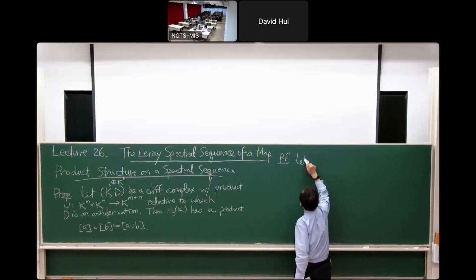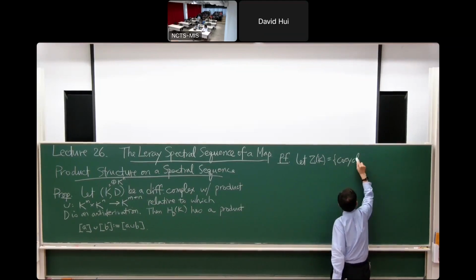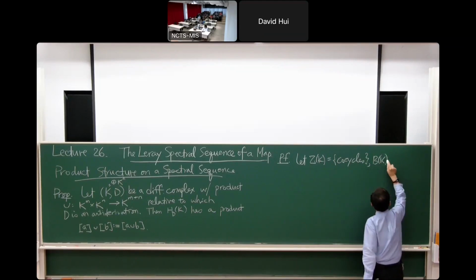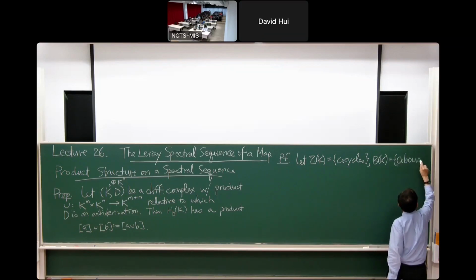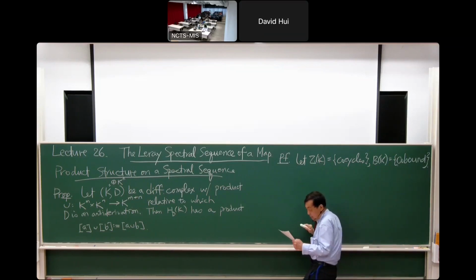So let Z of K be the cocycles and B of K be the coboundaries.